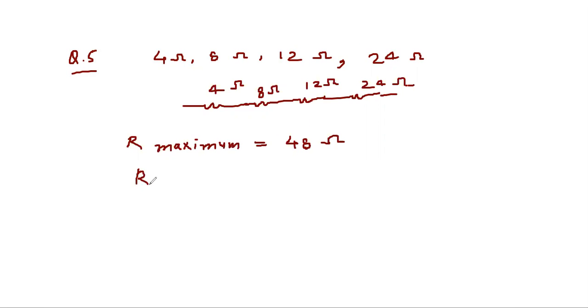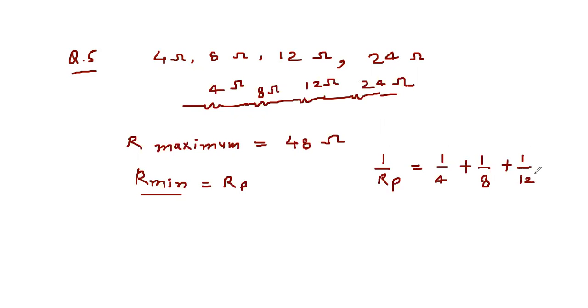So this will be maximum value, R maximum. Now, to get R minimum, we find Rp. So we connect all four resistances in parallel. So 1 upon Rp will be equal to 1 upon 4 plus 1 upon 8 plus 1 upon 12 plus 1 upon 24. We take LCM. LCM will be 24.